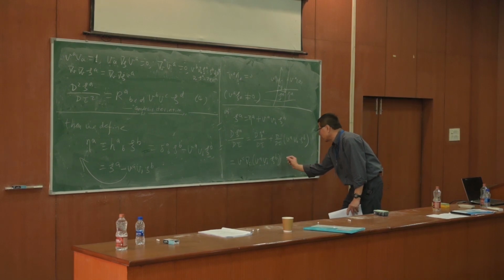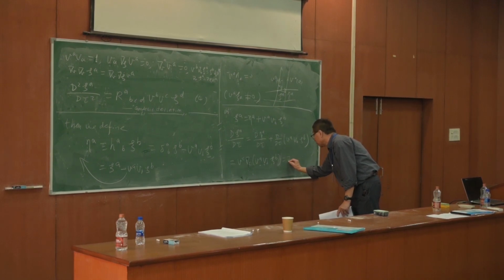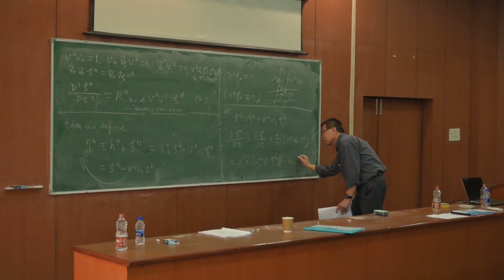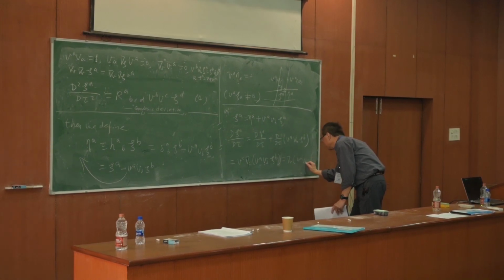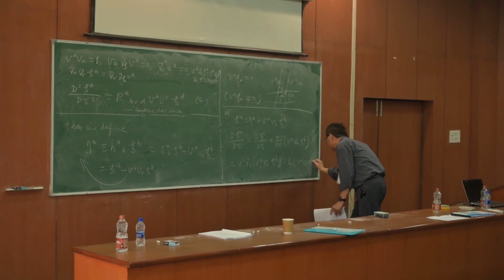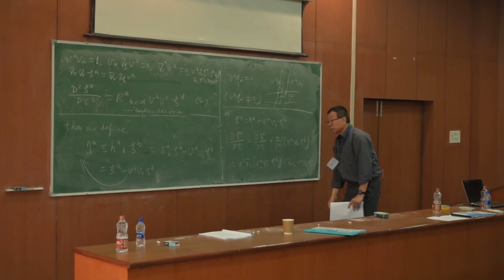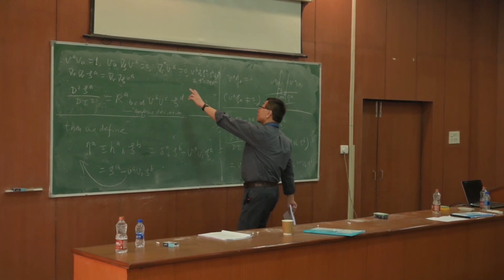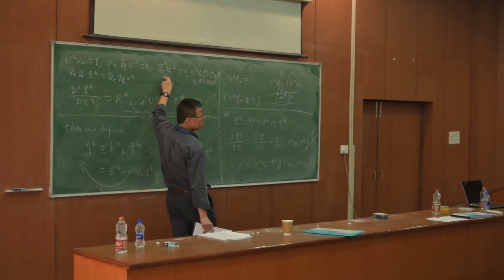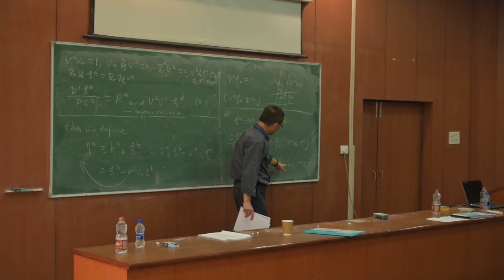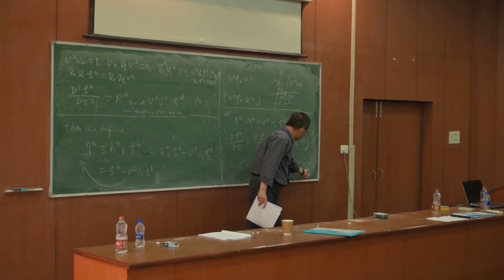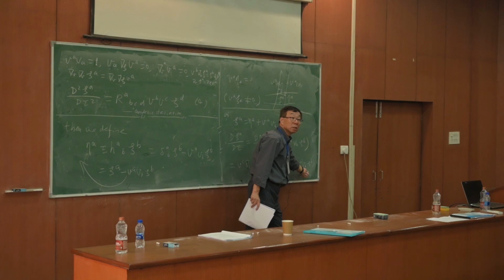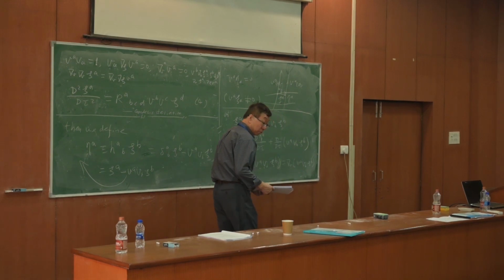So this will equal delta V_A with B. I'm going to apply this one. This will be 0, this will also be 0, right? So I directly have the following.